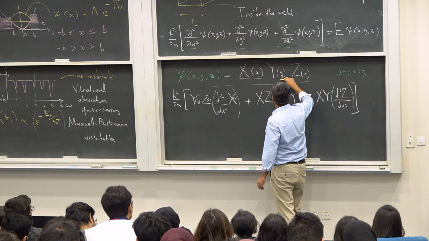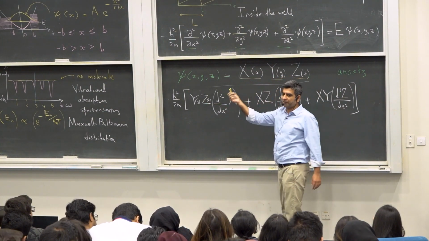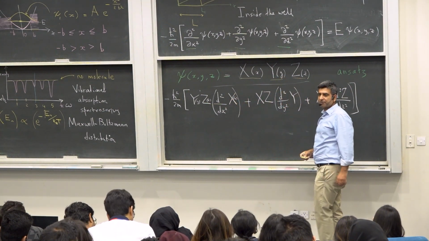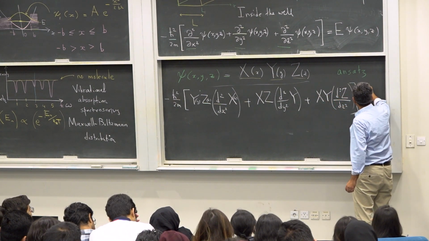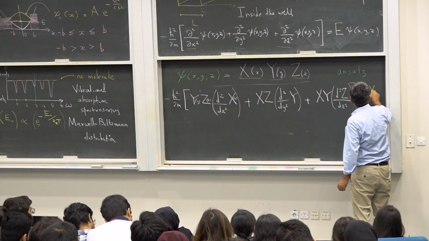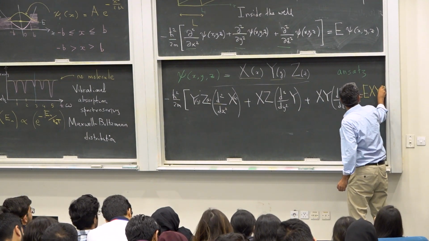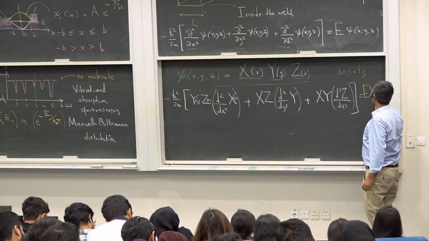Don't confuse these with the Pauli operators. These are new functions that I'm defining, new wave functions. And this equals the energy times X Y Z, because the wave function can be broken down into this factor.